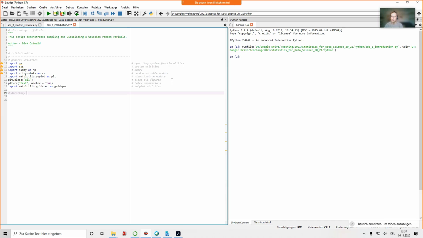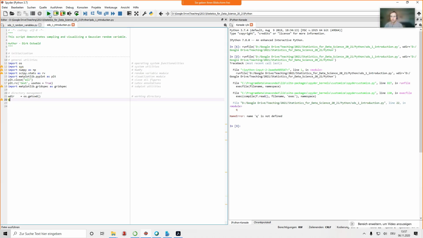So then it's always good to do some directory management. So if you want to save your figures, that you know where you save them. So we get the working directory here using this OS functionality, and that's a good thing. That's the working directory. So the way I'm writing and debugging stuff is that I always put an error in there to then investigate.